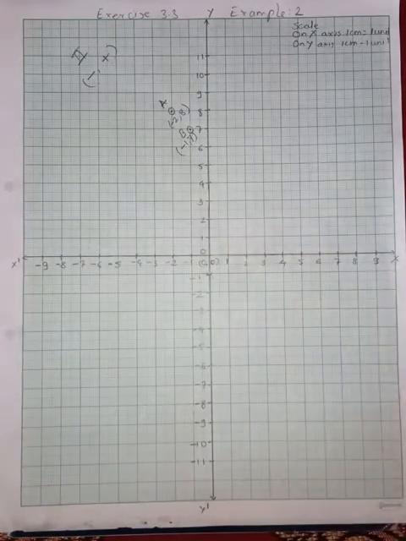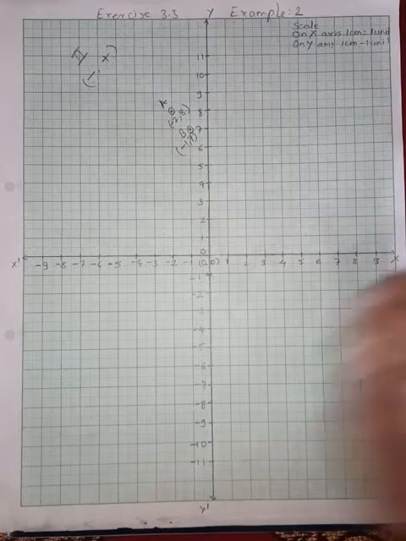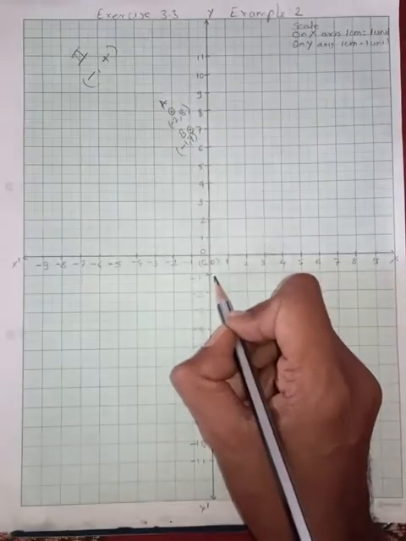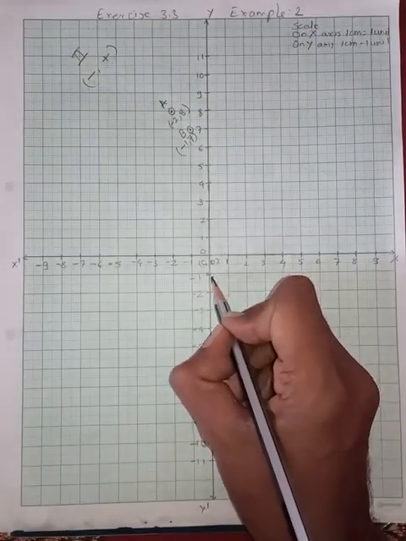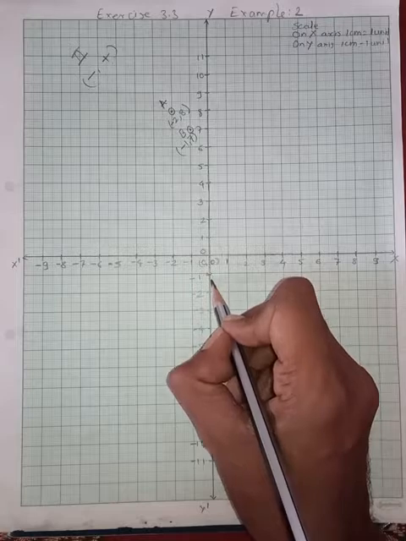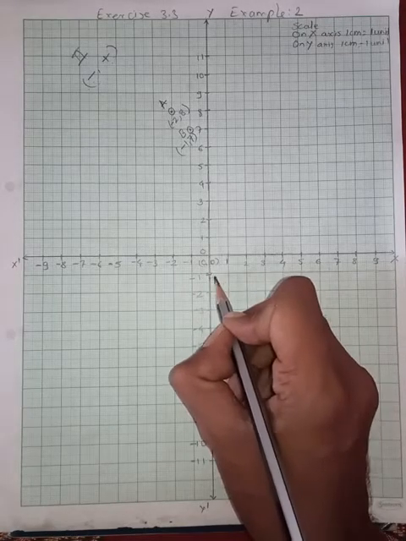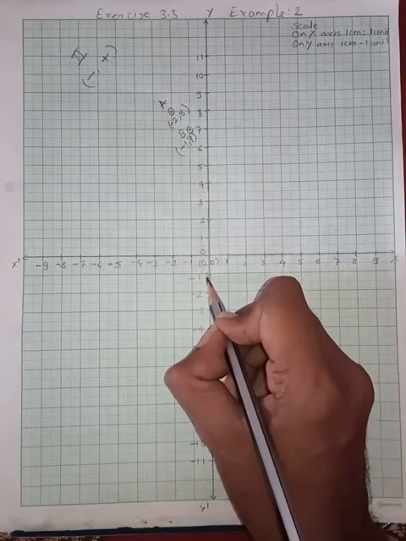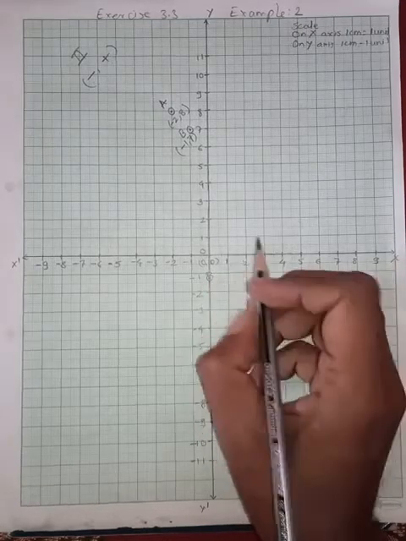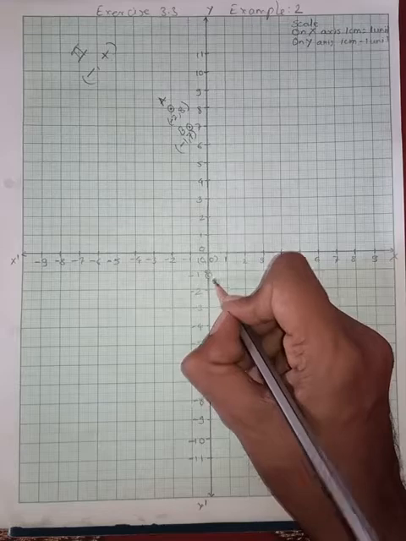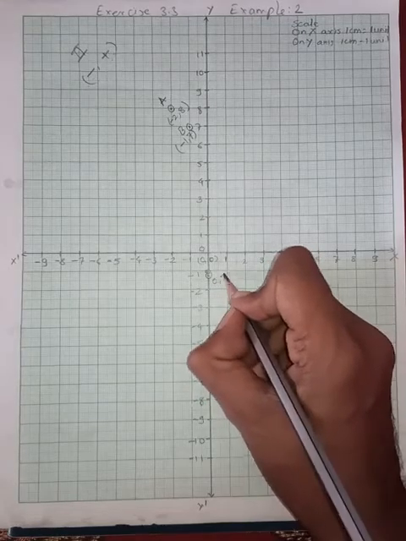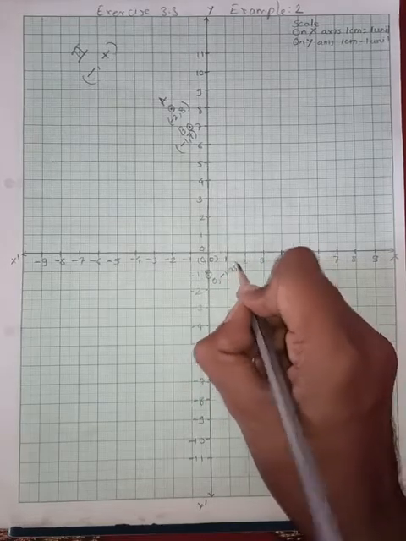This point is -1.25, so it lies between second small line and third small line. So this point lies here on y-axis. So coordinates are x coordinate 0, y coordinate -1.25.